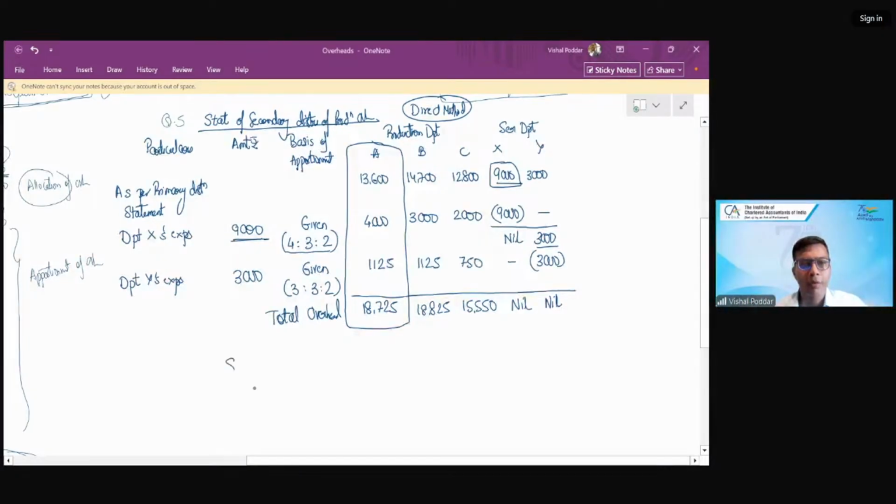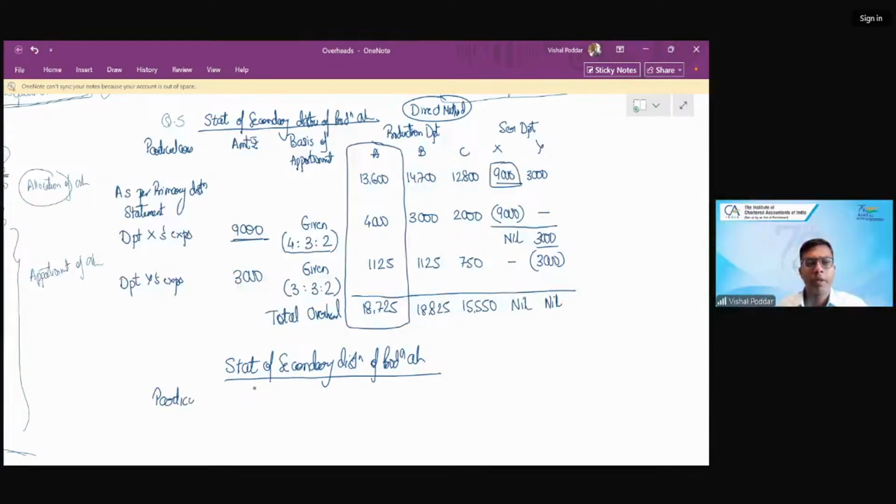Now I'll repeat the format again to solve it by the second method. Same format because primary and secondary are the same.